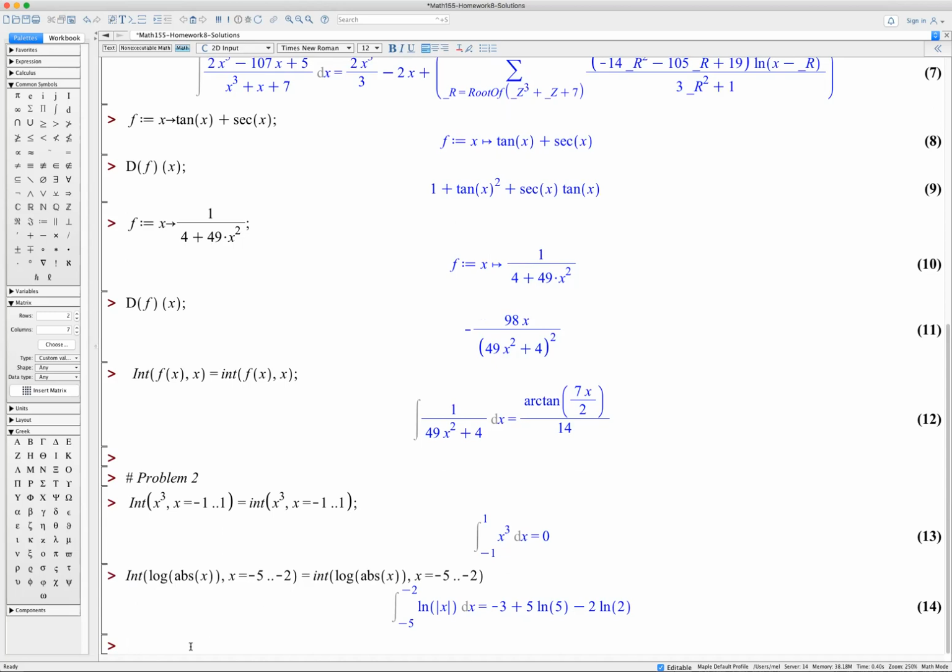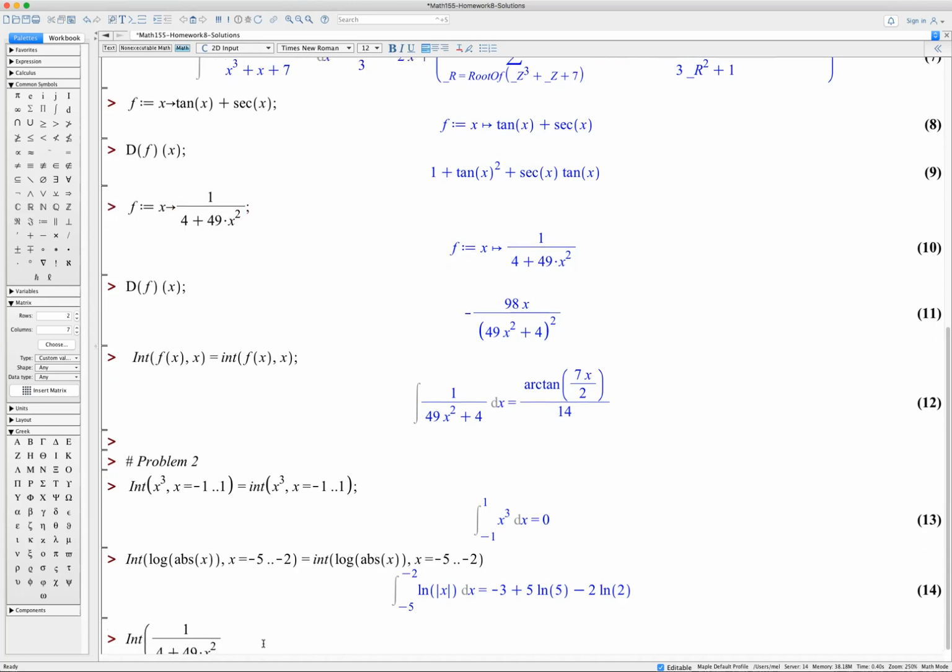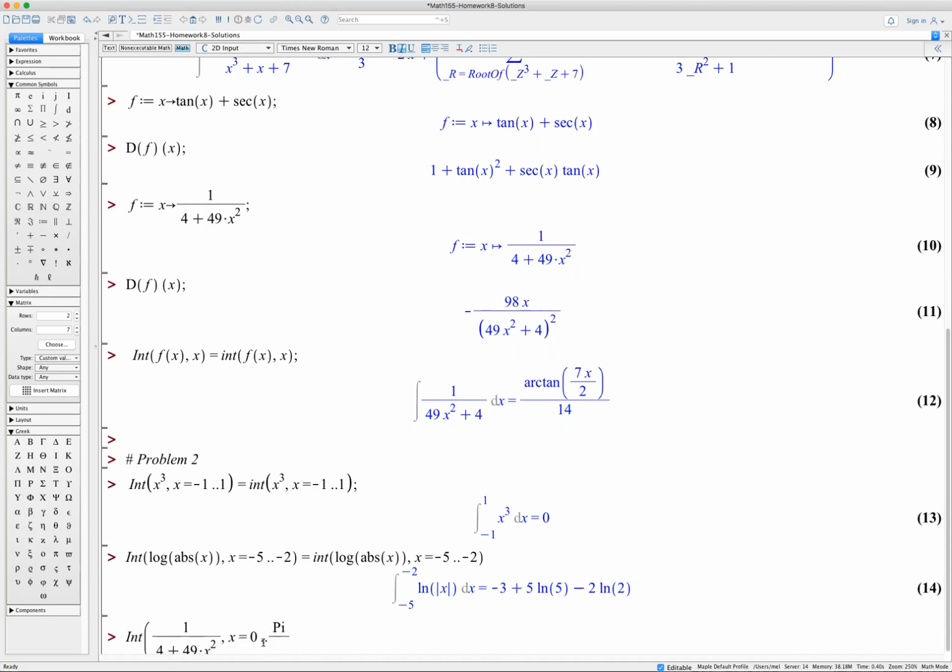And problem 2c is the integral of this function from 0 to pi over 14. And we have to do capital P for pi. That means 3.14 pi over 14.